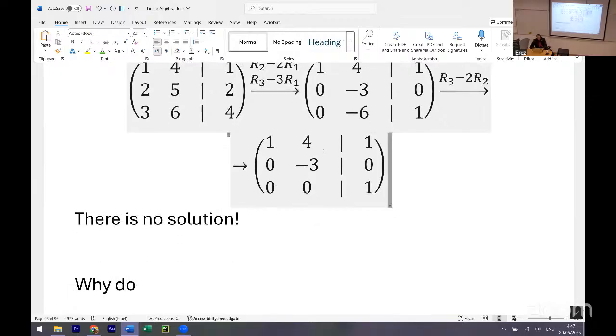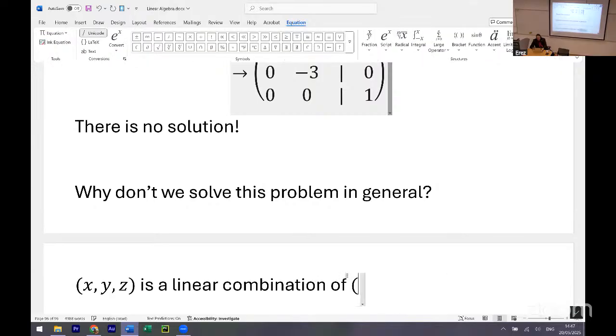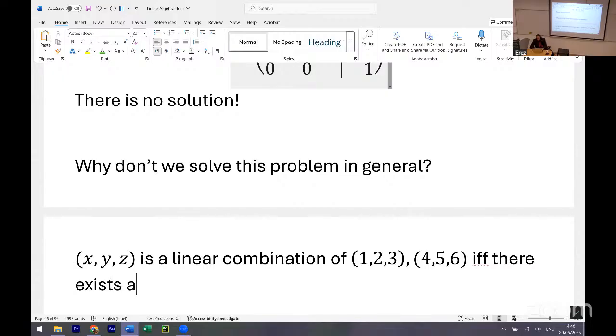Why don't we solve this problem in general? What do I mean? (x, y, z) is a linear combination of (1, 2, 3) and (4, 5, 6) if and only if there exists a solution for the system.